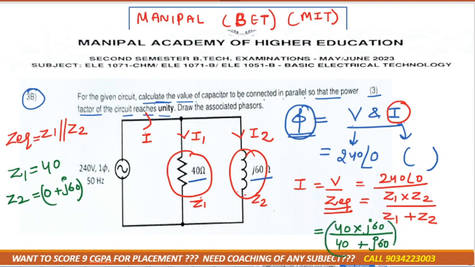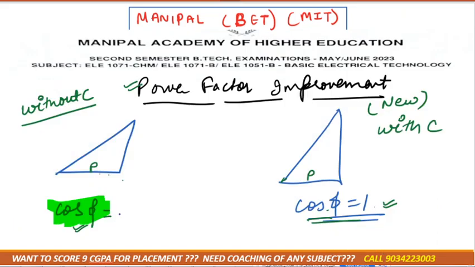Can we solve it? Yes or no? After solving, we'll get the value of Z equivalent, and after getting Z equivalent we can substitute here. Then we'll get the value of current, in terms of an angle. Then we'll get phi, and after getting phi, we'll get cos phi.